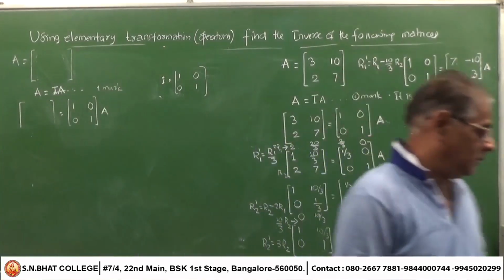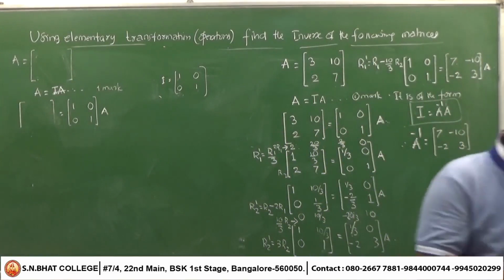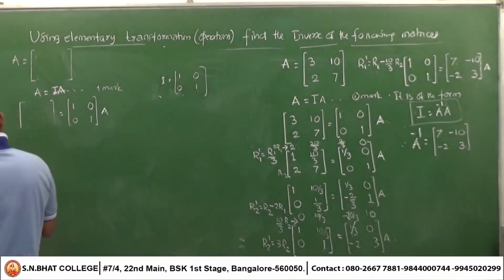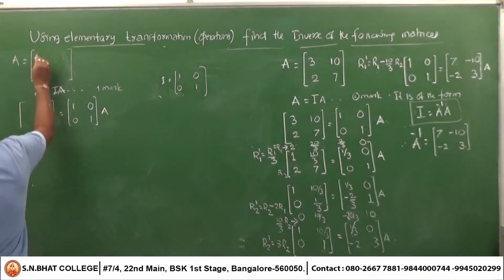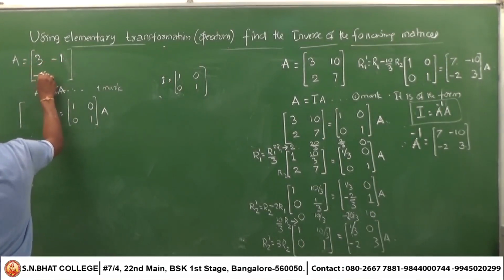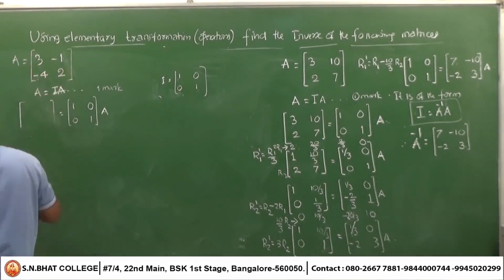Next problem, A is the matrix 3, minus 1, minus 4, 2.